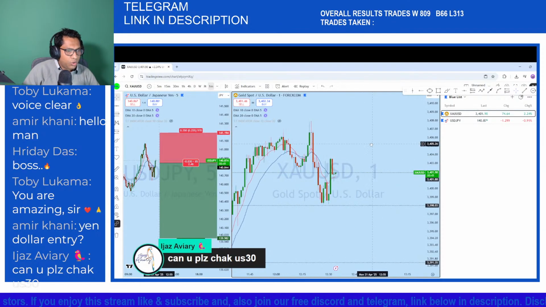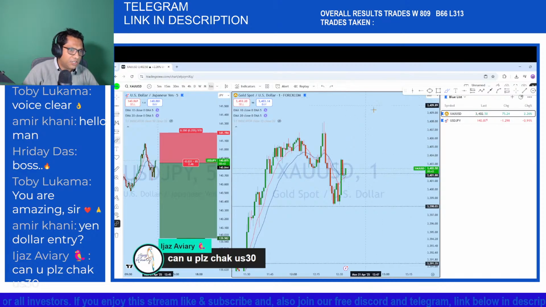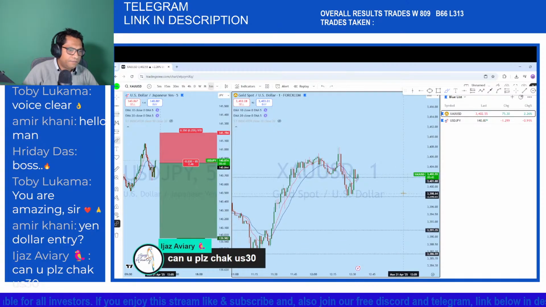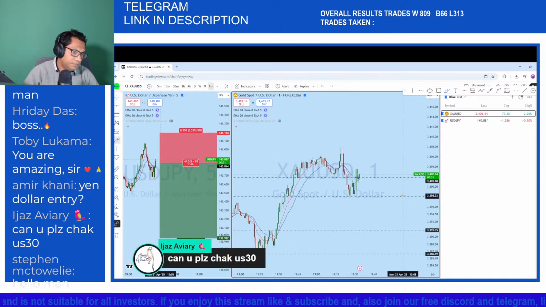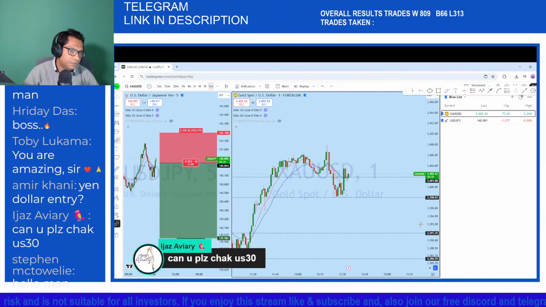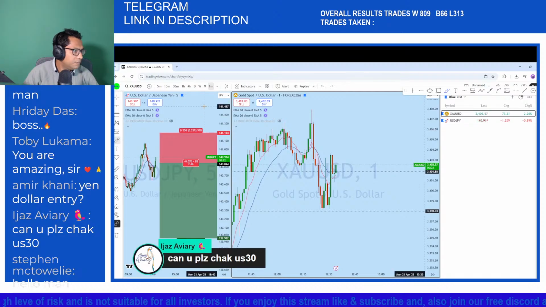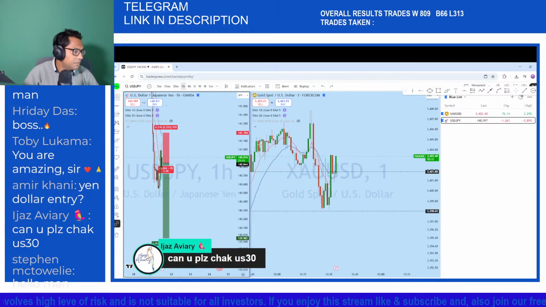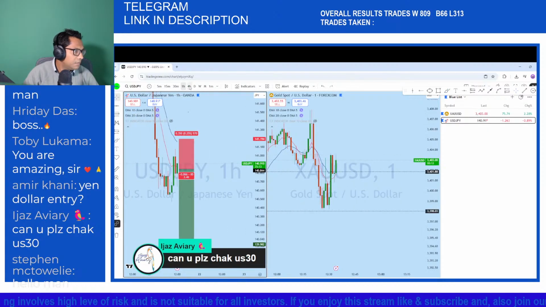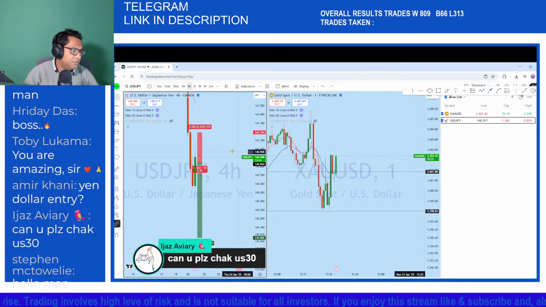It is a narrow zone, and we may see the market potentially trend in that direction as soon as you find that. Okay, so here it is getting that reaction.